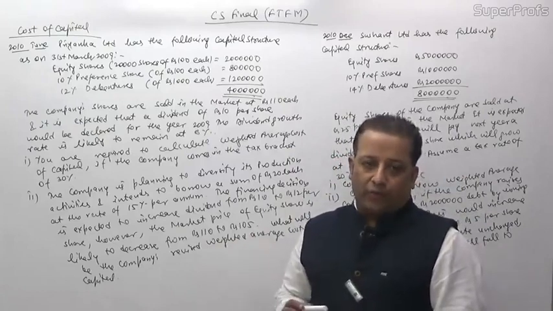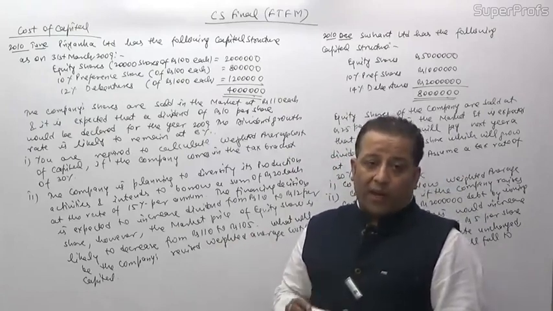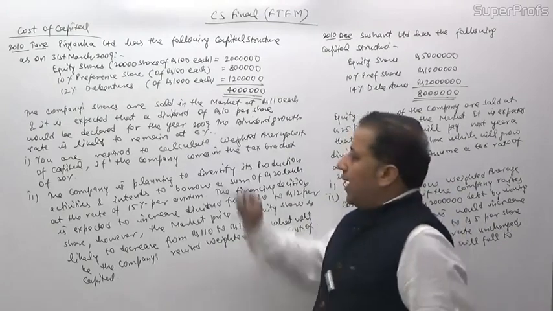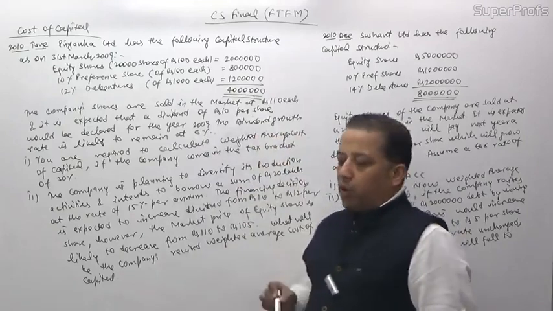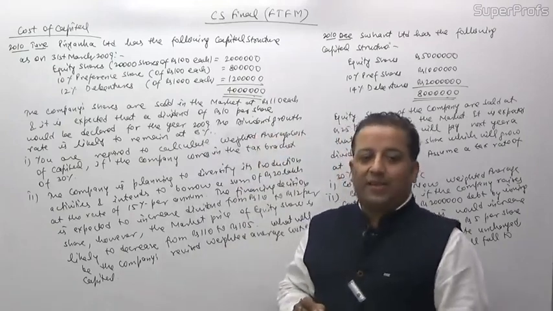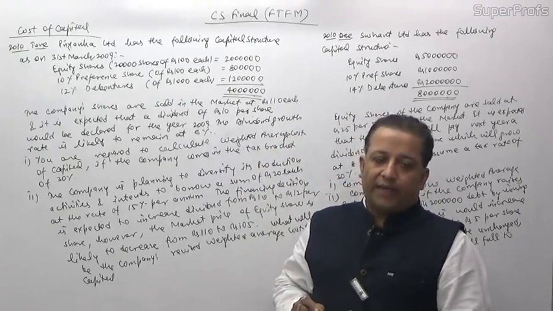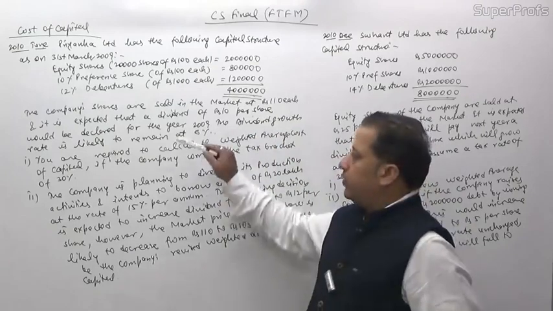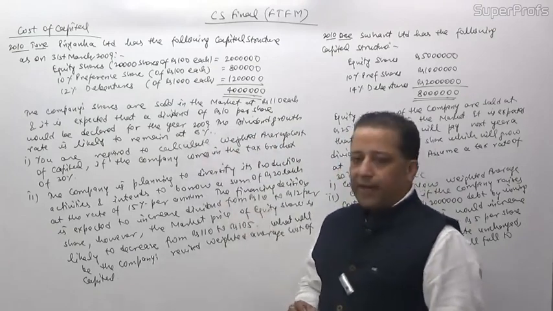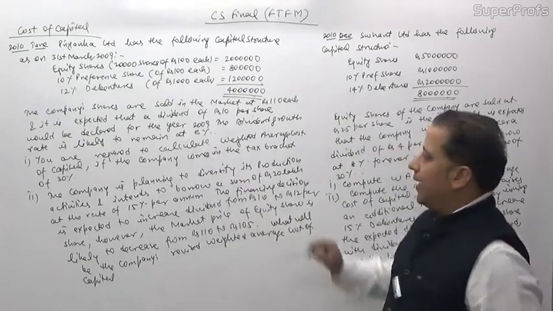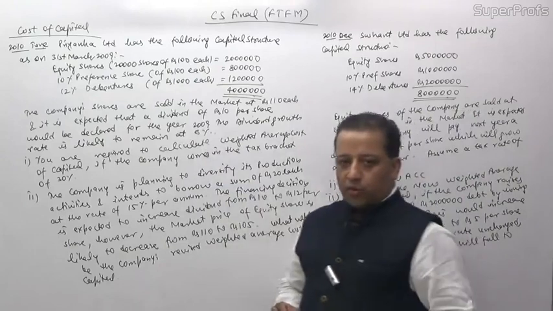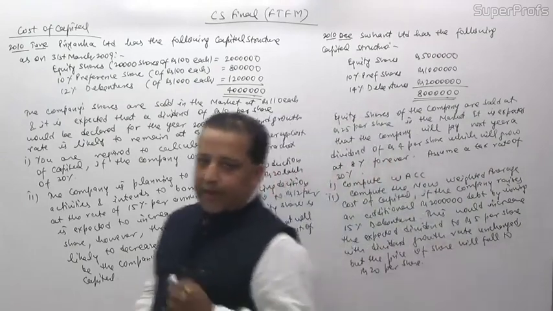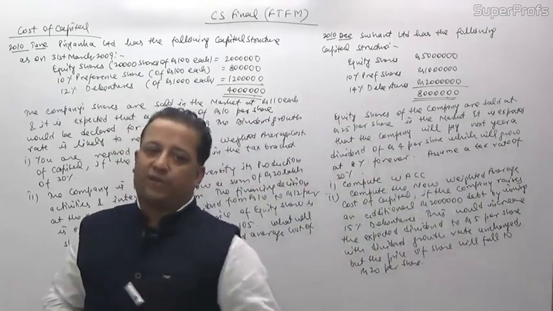The market price of the equity share is rupees 110 each, and it is expected that a dividend of rupees 10 per share would be declared, meaning the next expected dividend of rupees 10 per share for the year 2009. The growth rate of dividend is likely to remain at 6%.